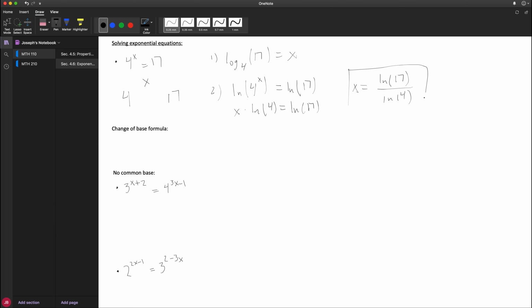And so you notice we actually have 2 different expressions for x. And so many years ago, mathematicians noticed this, and what they came up with is that, okay, these 2 answers have to be the same, and that gives us what's known as the change of base formula, which says the following: if you want to compute the log base, let's say b, of an expression u, well, pick your favorite logarithm.